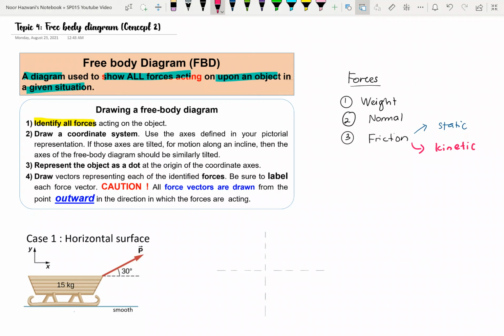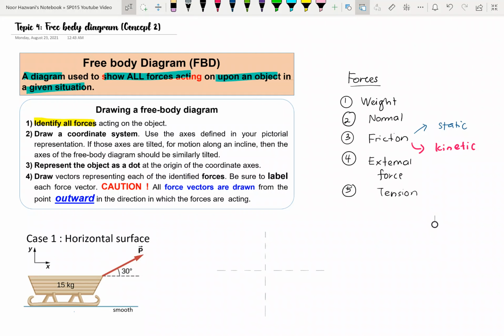Okay. And then number 4 we have external force. Okay, and then the last one is tension. Okay. So ada 5 forces.